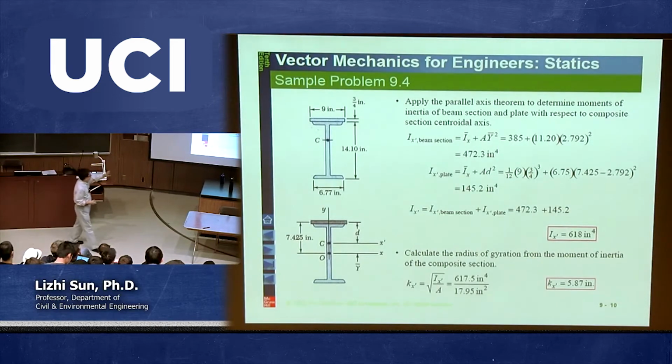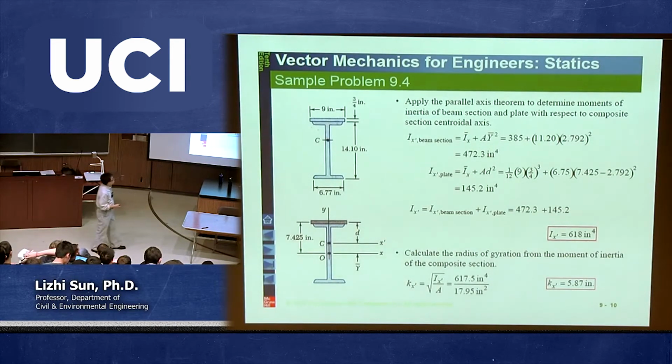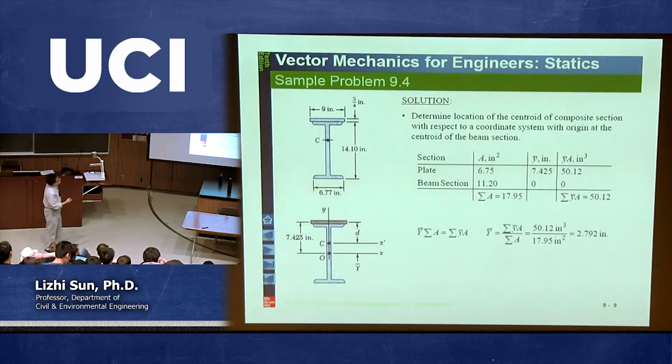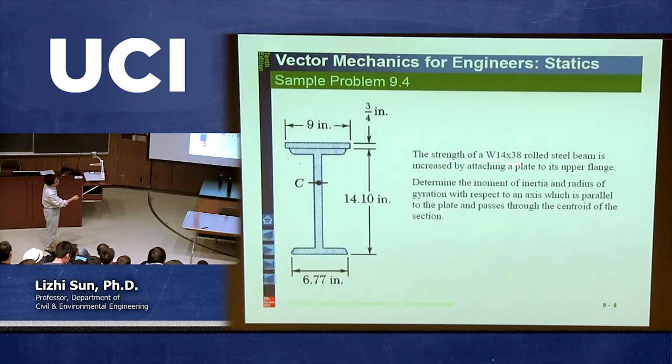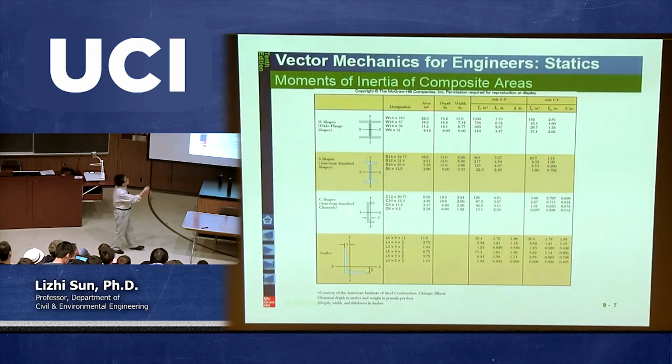So this is another example, just to show you typically, in case you were given a specific wide flange or standard or channel or something, again, you can use superposition, but obviously you can take advantage of this chart. I'm not asking you to memorize this because there's no way you can memorize those.